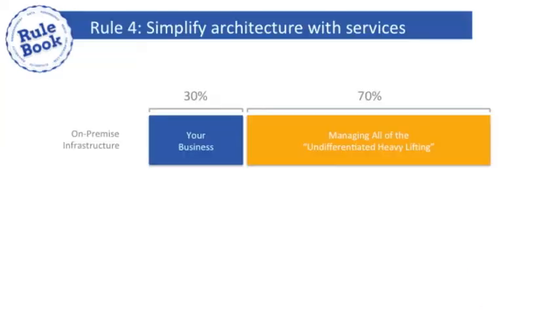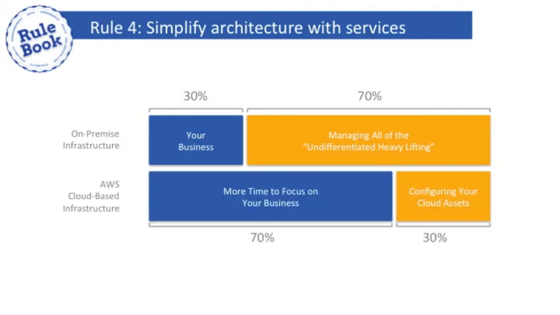So rather than installing things and managing those and therefore spending a lot of time managing what we'd call undifferentiated heavy lifting, such as installing middleware software into your application server environments, managing those, ensuring those scale, you can flip that ratio of 70-30 to spending more time on your business by letting the cloud provider, in this case AWS, take on the management of common infrastructure from compute, but also to software, so that you can actually spend time configuring cloud assets as opposed to doing all the fundamental undifferentiated heavy lifting of installing, managing, monitoring those frameworks.